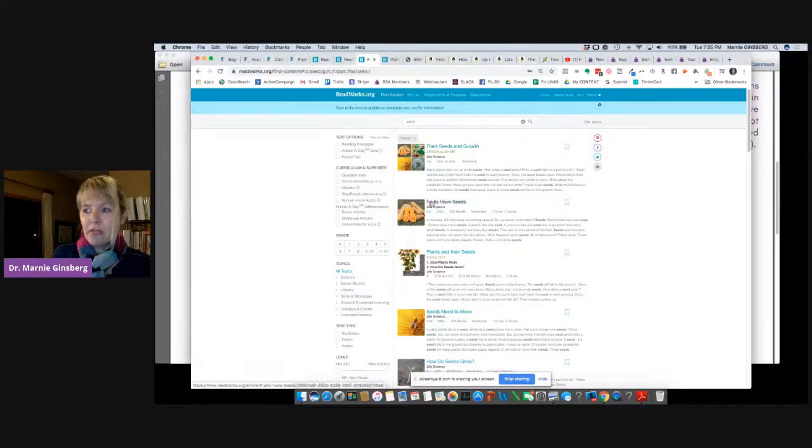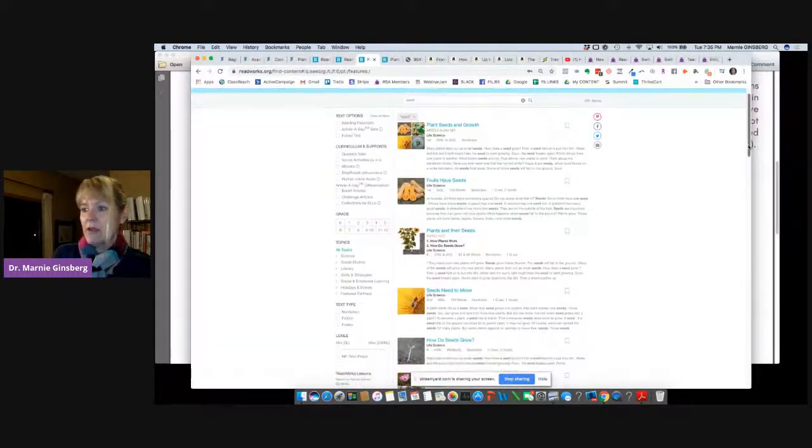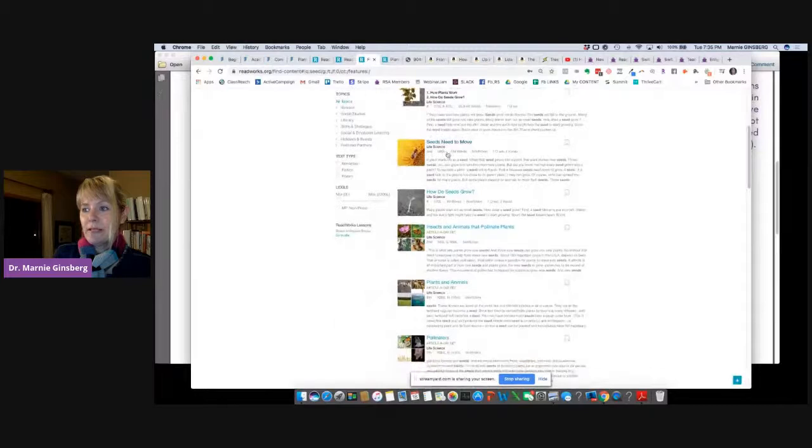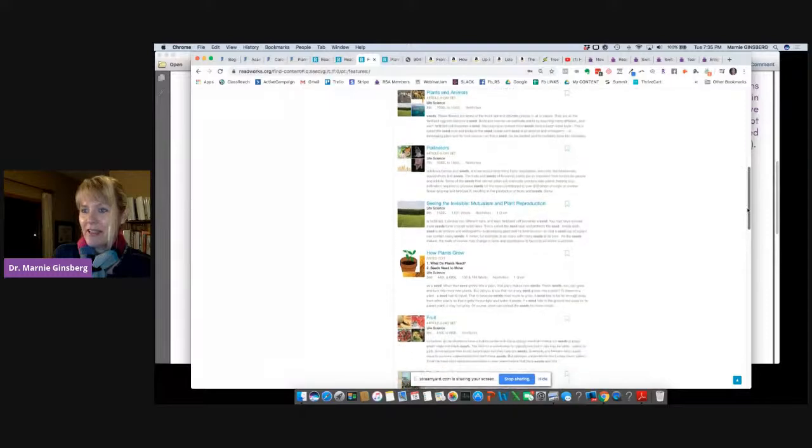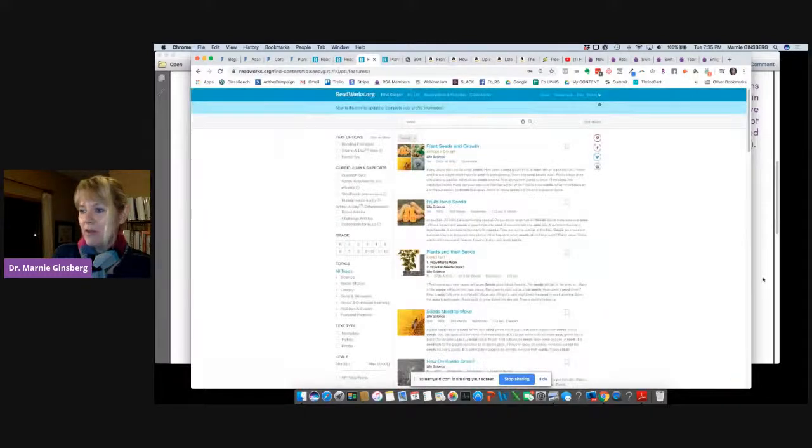First grade, fruits have seeds, plants and their seeds, which has a paired text, that's kindergarten. Seeds need to move, that's second grade level. How do seeds grow, that's kindergarten. Insects and animals that pollinate plants, that's second grade. Plants and animals, that's 8th grade.